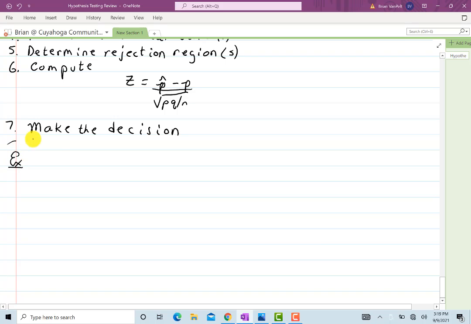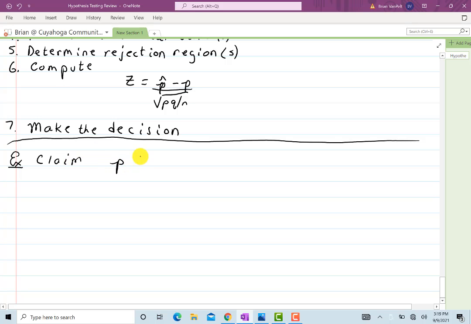As an example, suppose I have the following claim. The population proportion is less than or equal to 18%. So what are the things that we're given? Sample: the sample proportion was 20%.